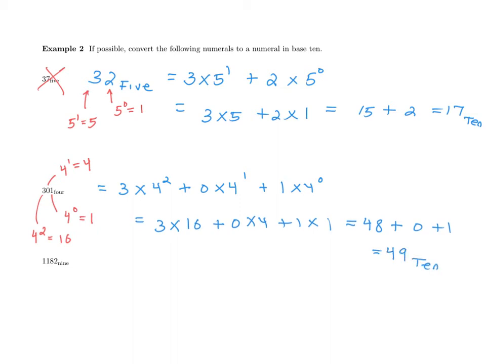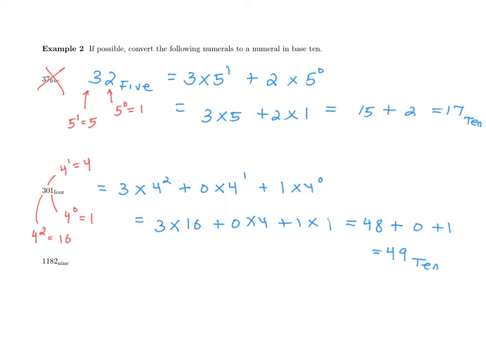So here, in this case, 301 base 4 is the same thing as saying 49, a decimal number. All right, so for this last part of example 2, here we have 1182 base 9. Again, notice that this number makes sense. We're only using digits that go from 0 to 8. There's no 9 or anything further.